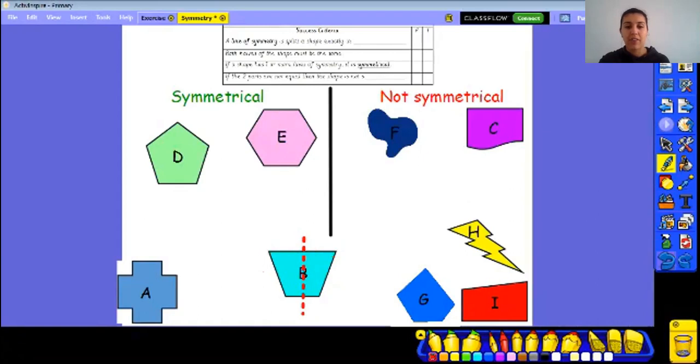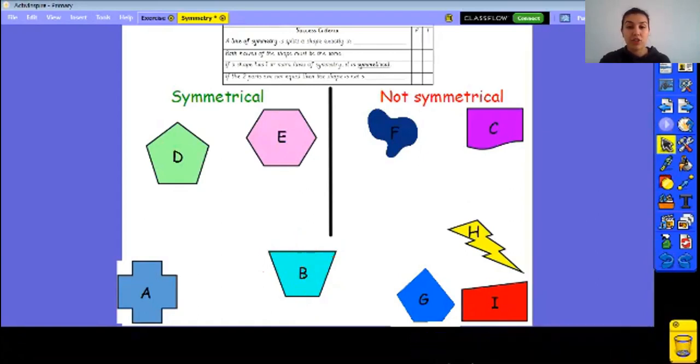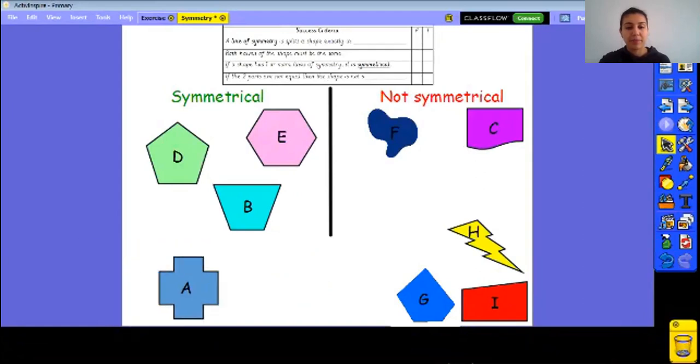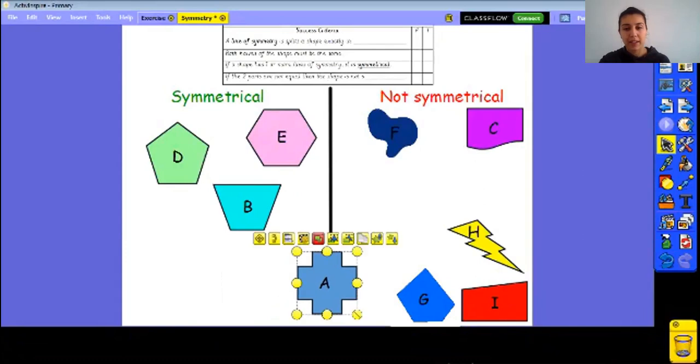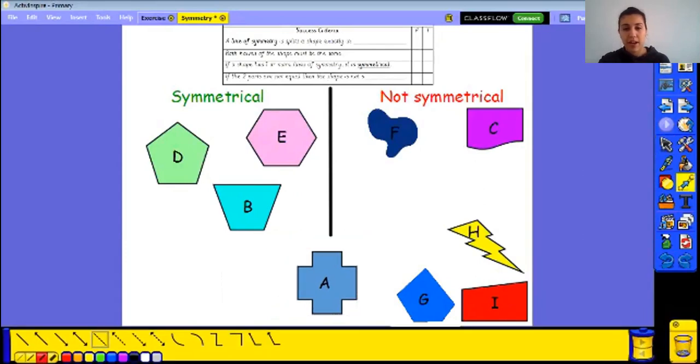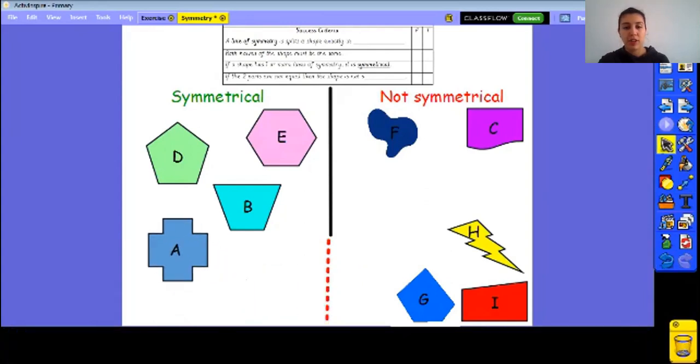So it does have one line of symmetry, so it is a symmetrical shape. What about A then? Well, if I cut it in half vertically, will those sides match up? Do they look the same? Yes, they do, so this shape is symmetrical. What about this funny shape here?